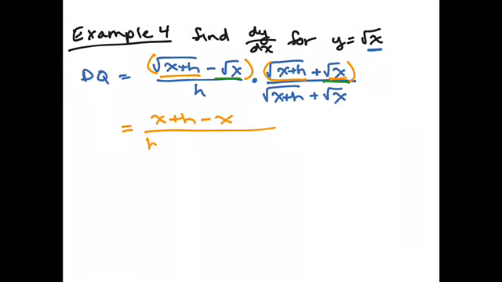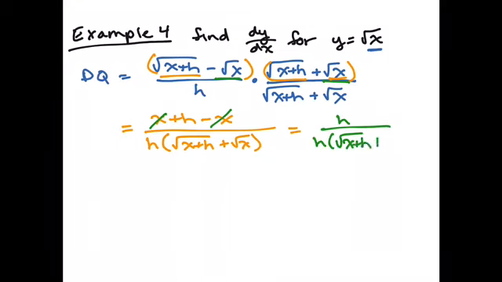And in the denominator, we just leave it be because we want that h to end up simplifying out. Well, it will because x minus x goes to 0, right? And now I have h over h times what's in the parentheses. And that will go to 1.